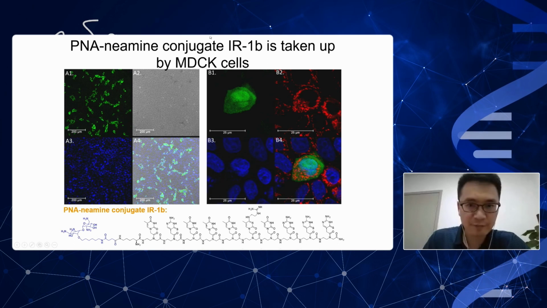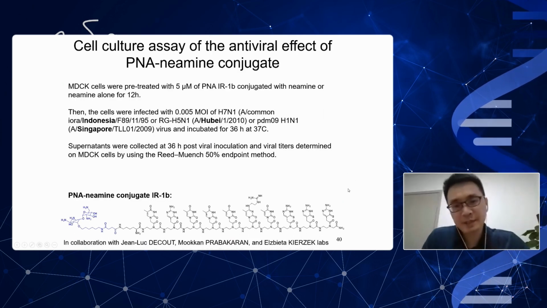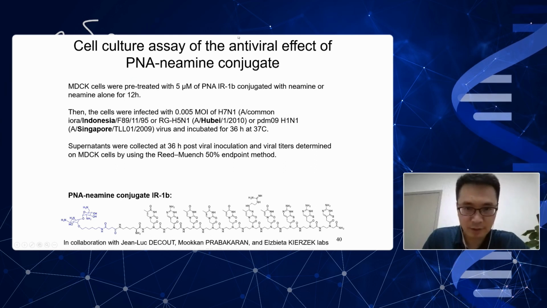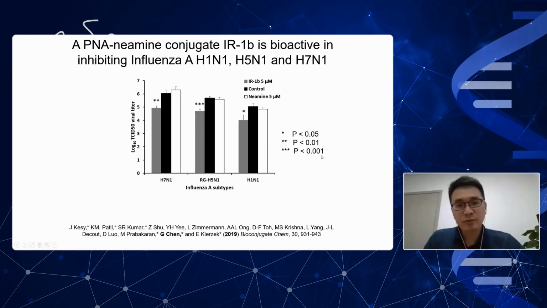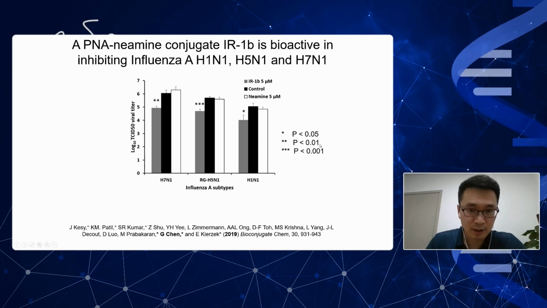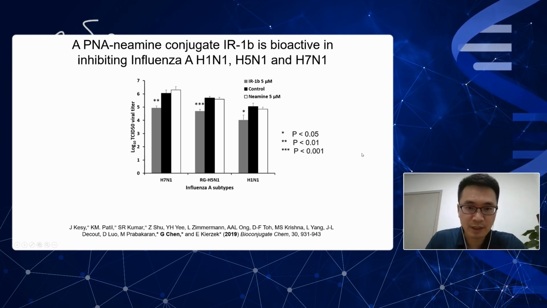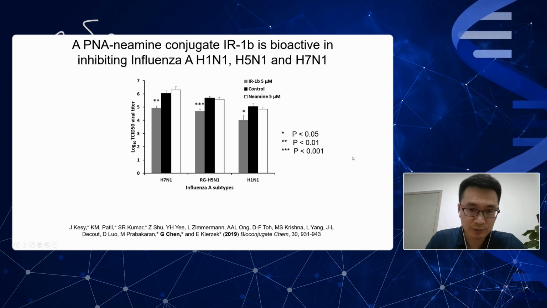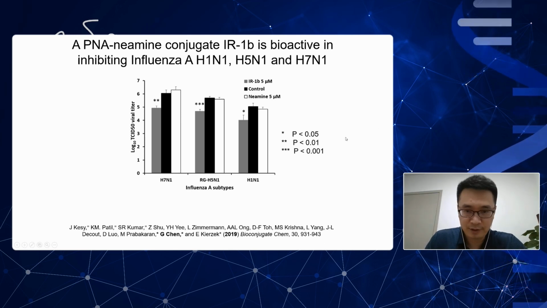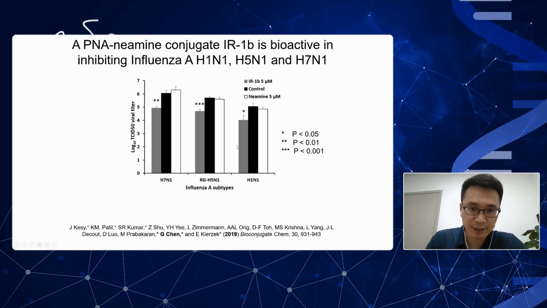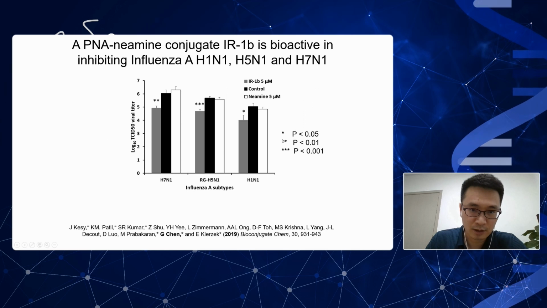So this is very encouraging. We also tested the antiviral activity, and when we apply 5 micromolar neomycin-attached PNA, our dbPNA, to influenza virus infected cells, we can slow down virus replication by at least 10-fold.